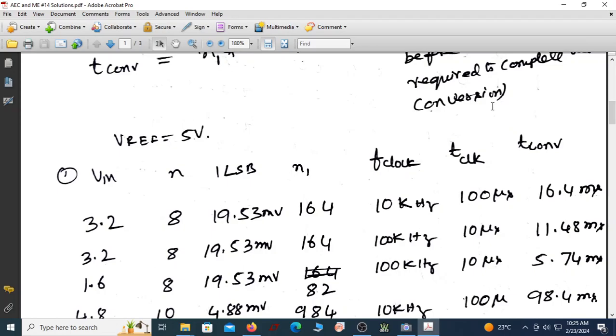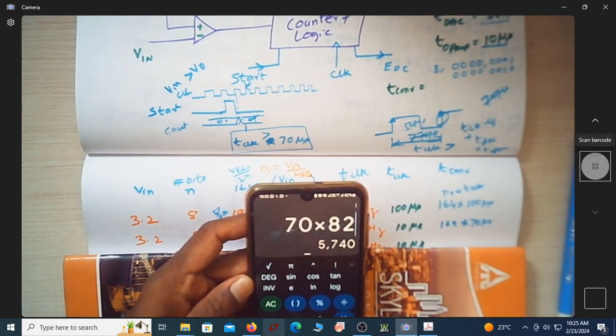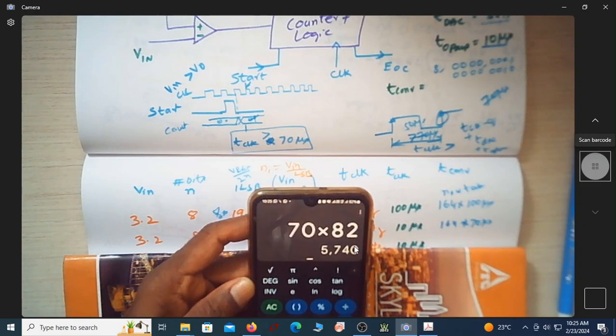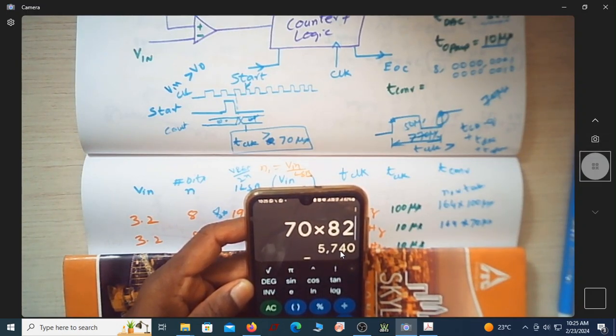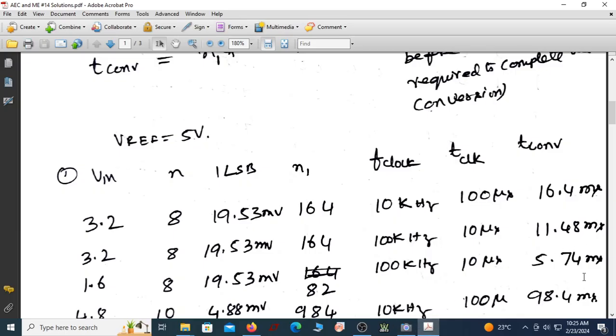Is it not 86, 82? So it is 82. Can you see that the time is 5.74 millisecond, because I need to make it 10 power minus 6. That's what it is, 5.74 millisecond.